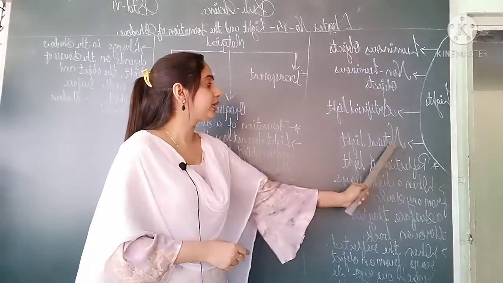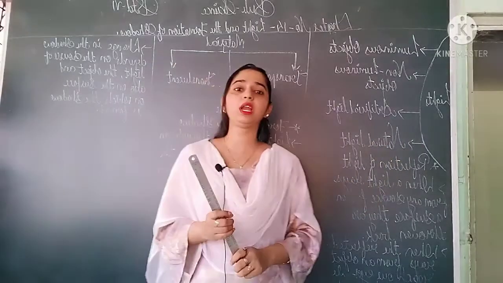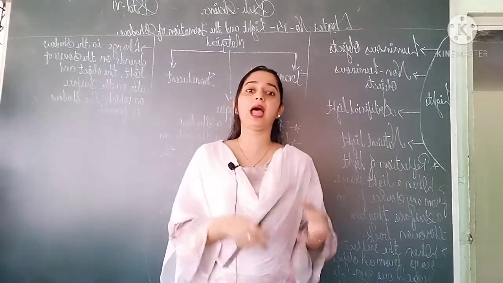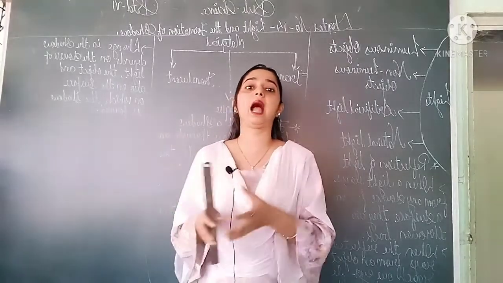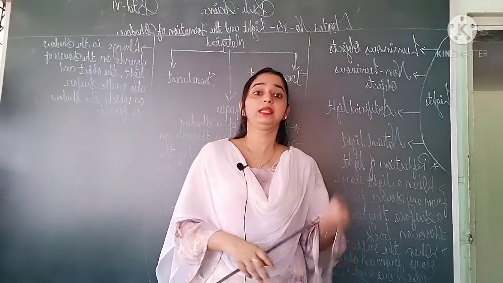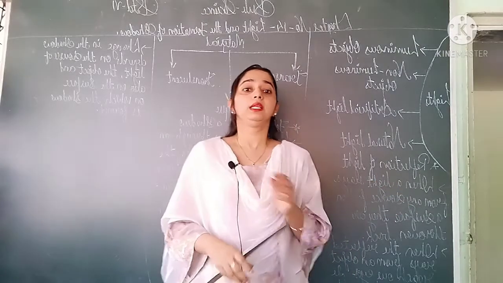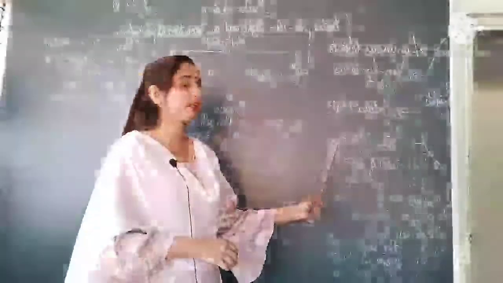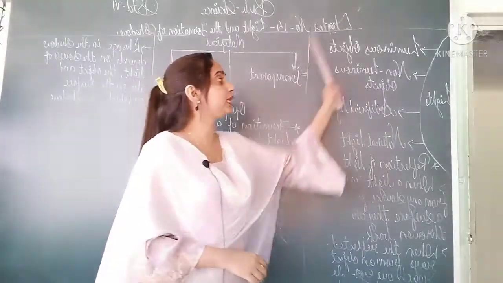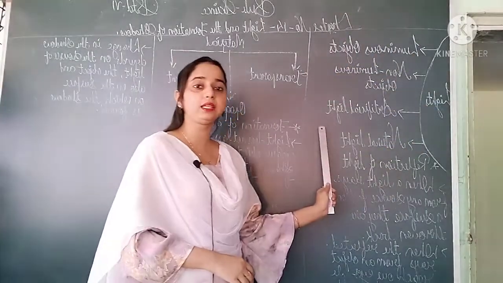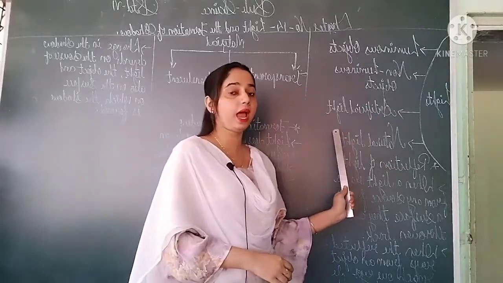The next is natural light. Natural light means light which comes directly from nature, that is sun, stars, and moon. All of these come under natural light. So these are the sources, or the things which give us light.